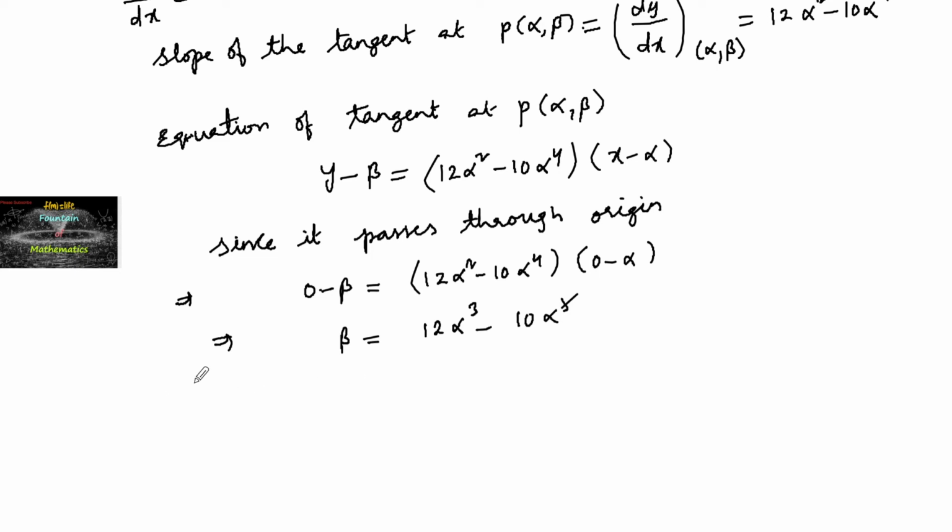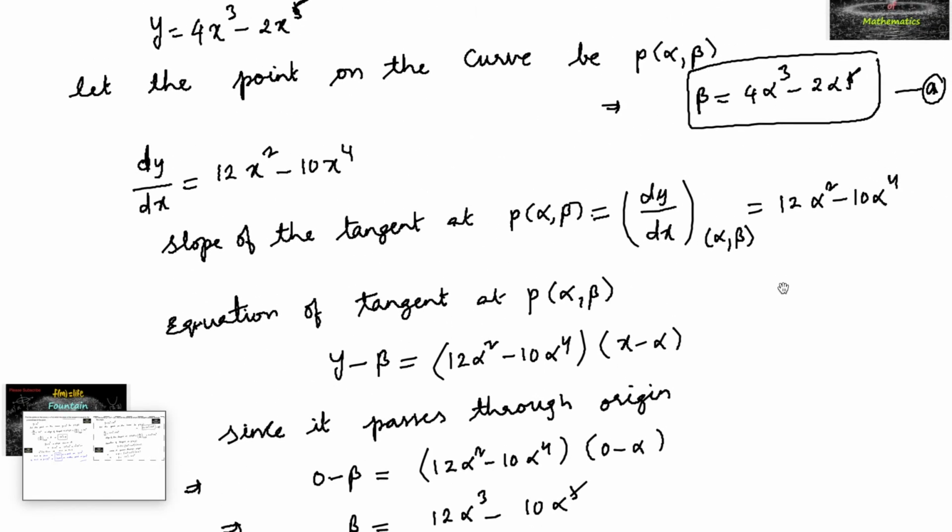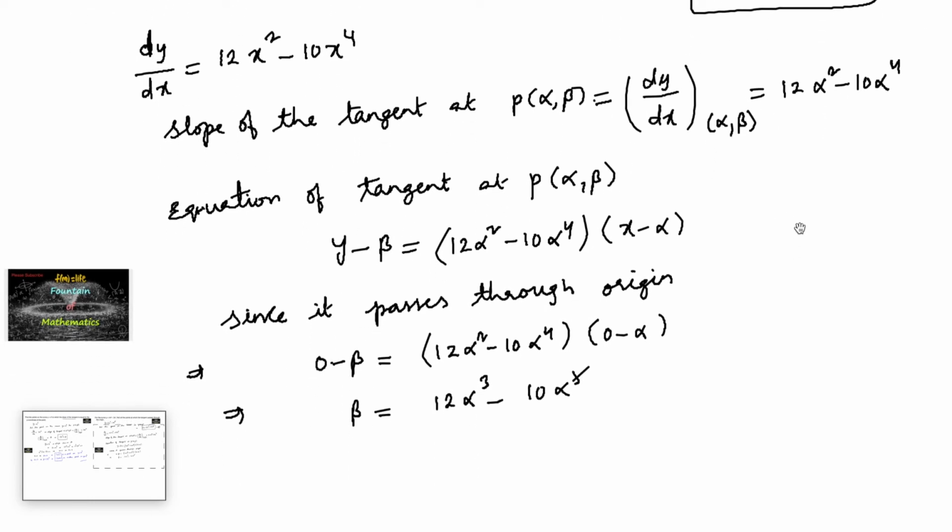And from equation A, beta is equal to 4 alpha^3 minus 2 alpha^5.